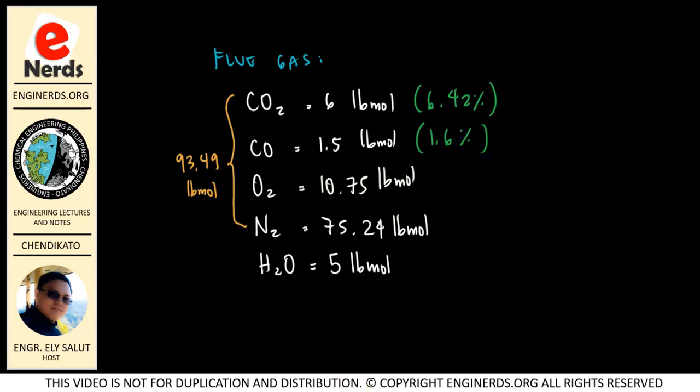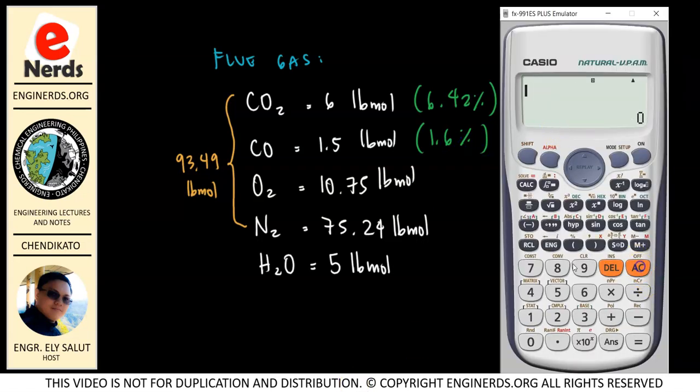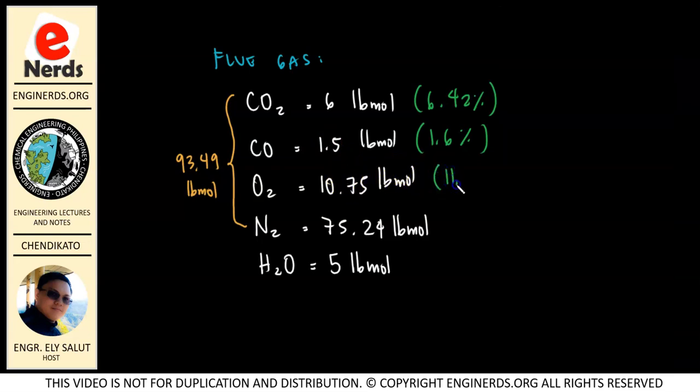For our O2, 10.75 divided by 93.49 times 100. We have 11.5. Okay, so we have 11.50%.